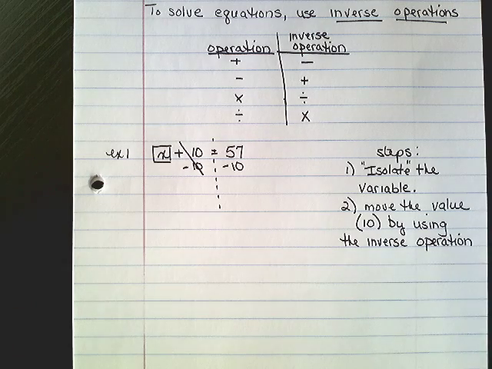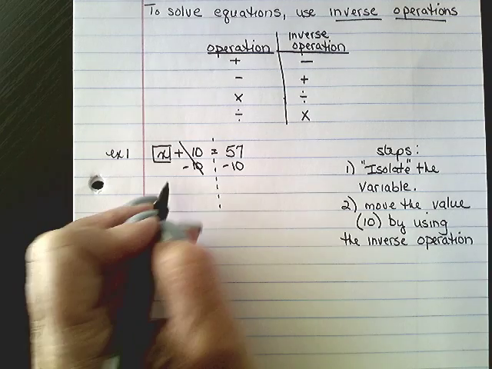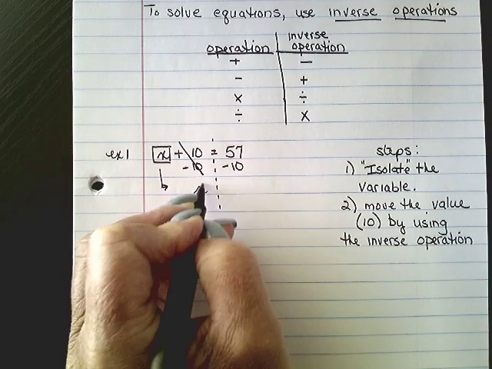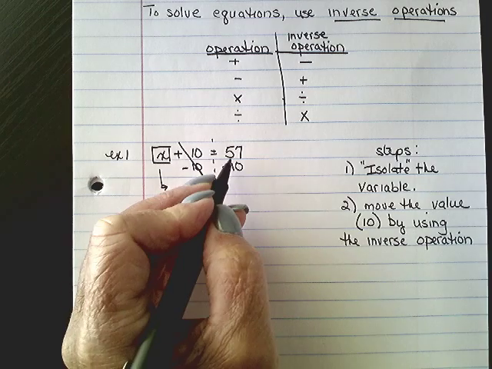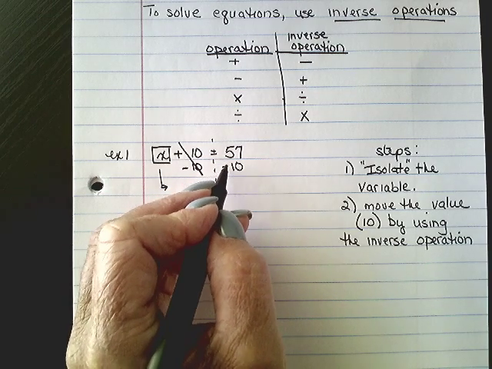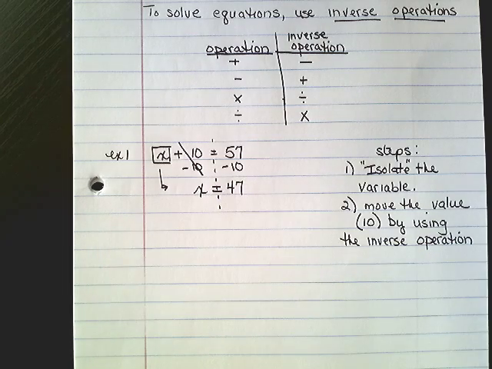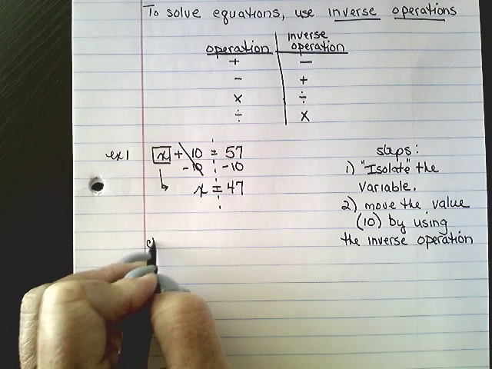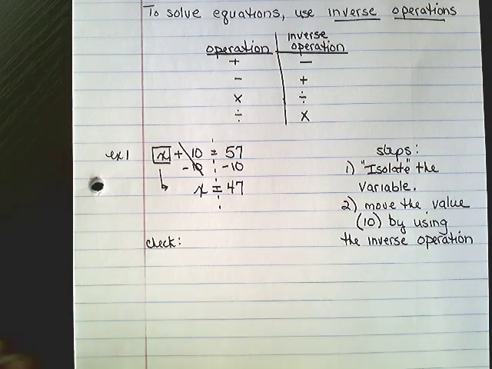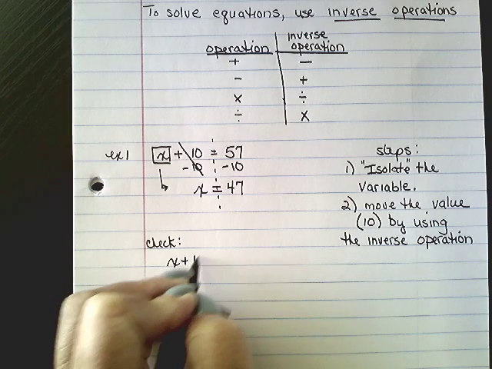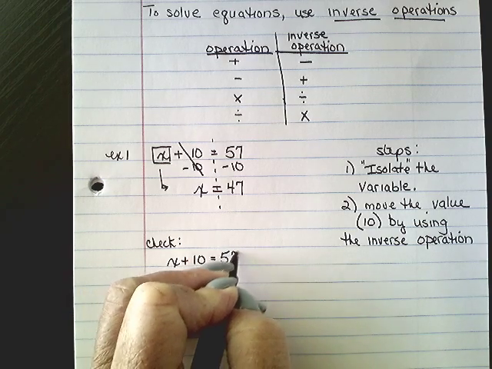These are going to cancel out because a positive 10 is added to a negative 10, and they are opposites. They give you 0. Bring down your x equals 57 plus negative 10, which is going to give me 47. So x is equal to 47. So let's check that. x plus 10 equals 57.